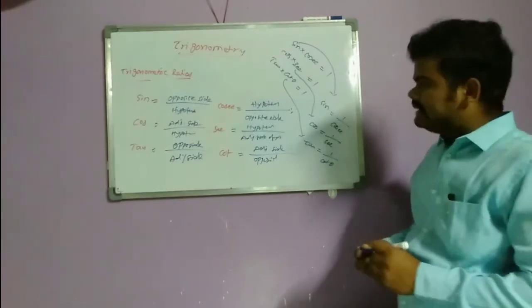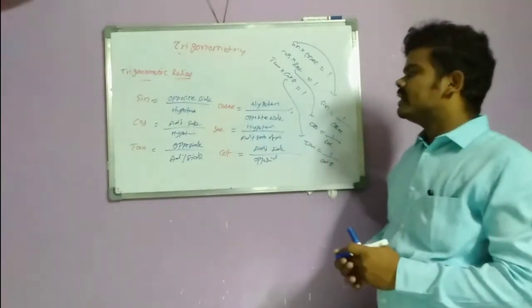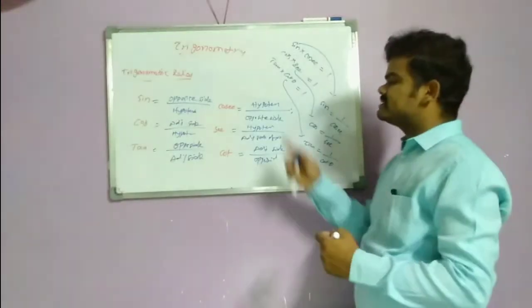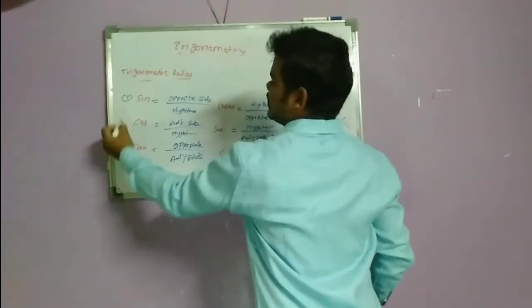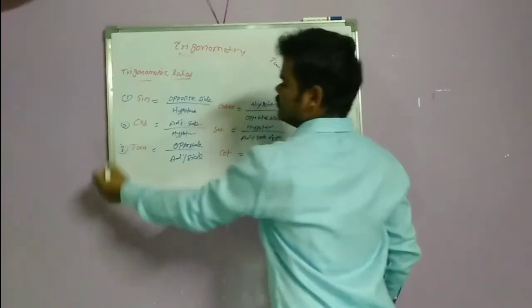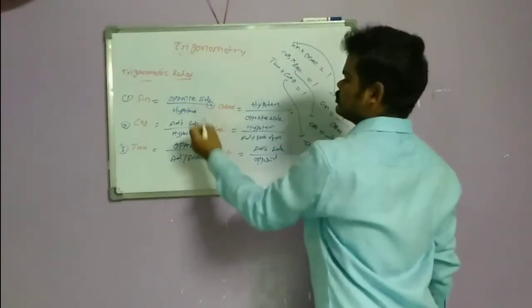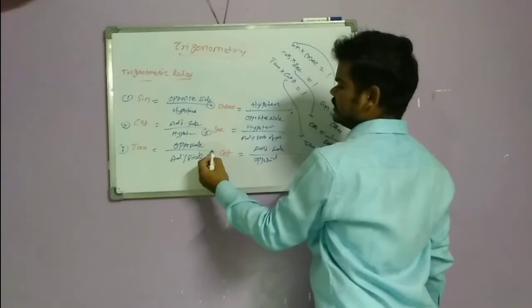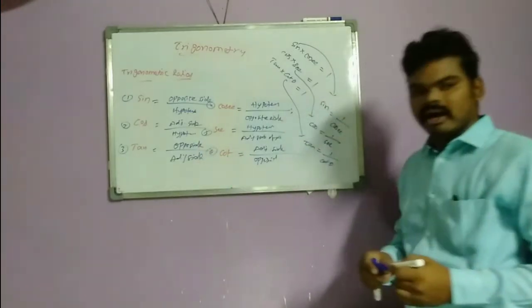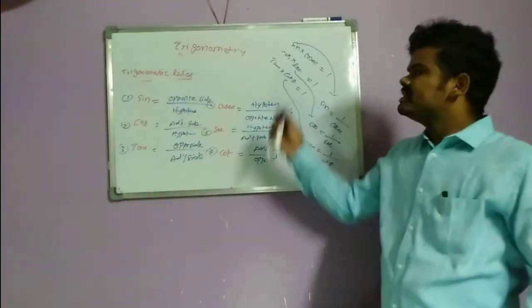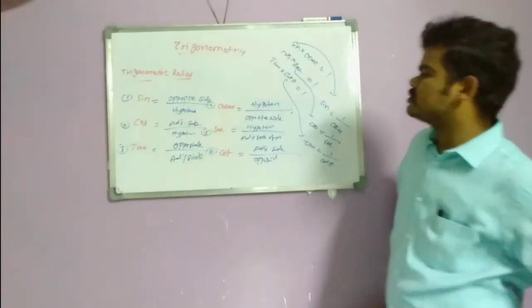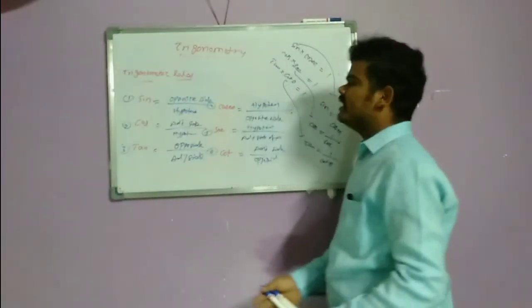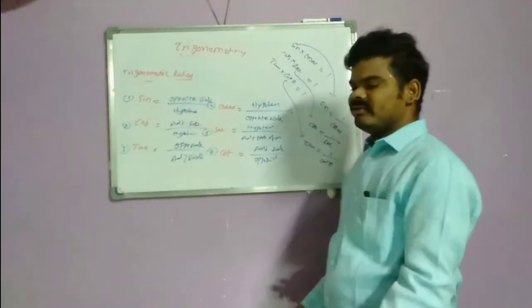Now, in this topic, we are introducing six trigonometric ratios: sine, cos, tan, cosec, secant, and the sixth but not least is cot. These are helpful in solving the problems of many trigonometric functions.